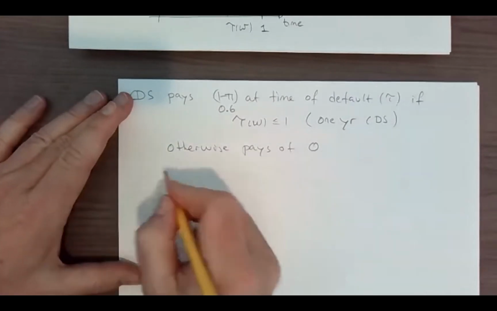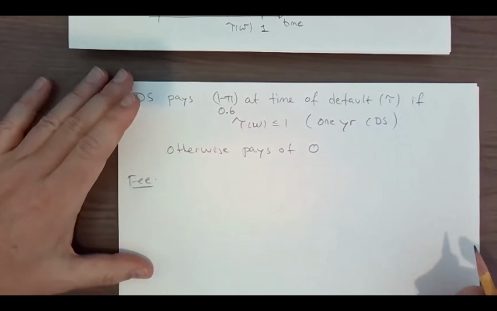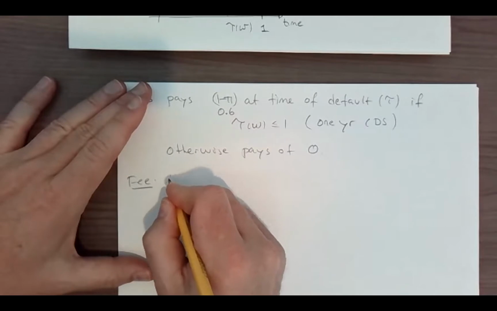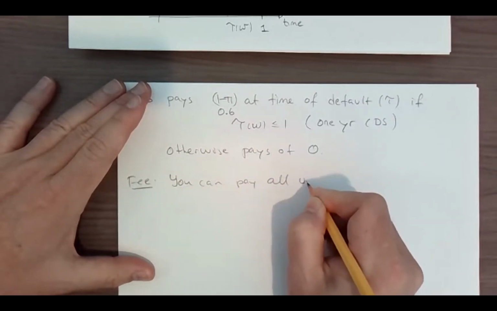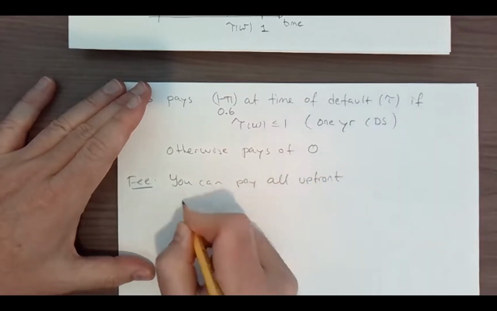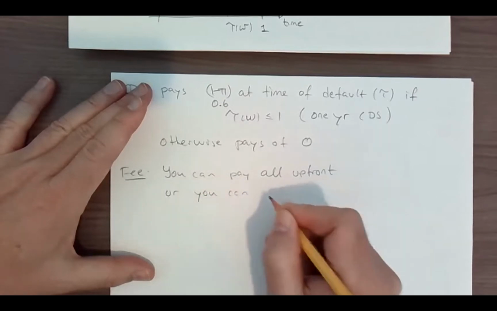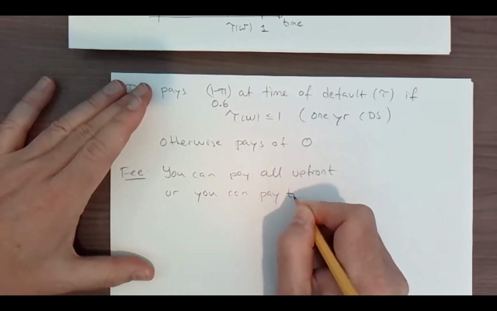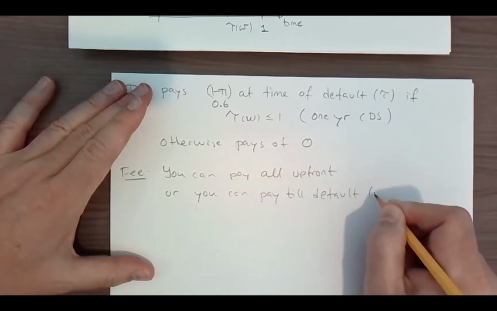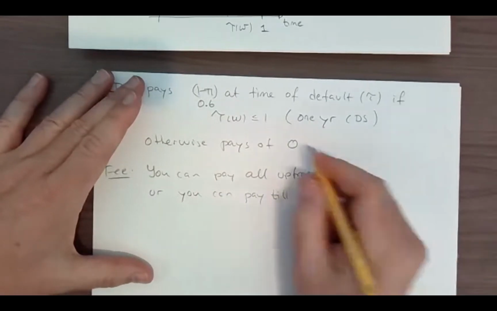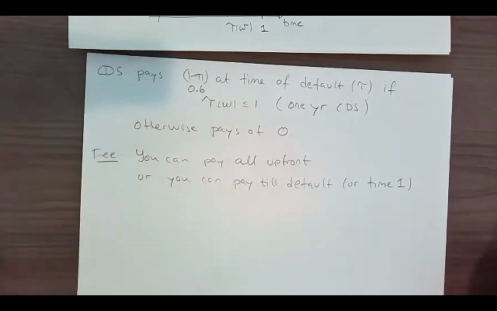And then there's a fee, right? You're buying this protection, so you're paying a fee. You can pay all up front, or you can pay running. You can pay till default, or expiry at time 1, whichever comes first.